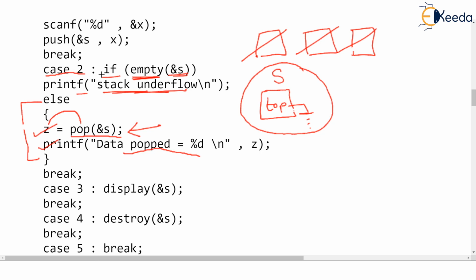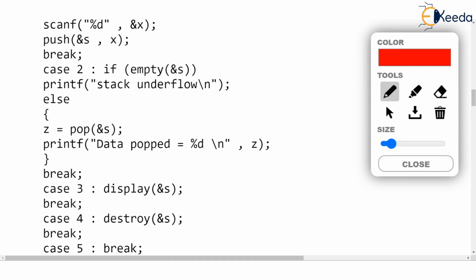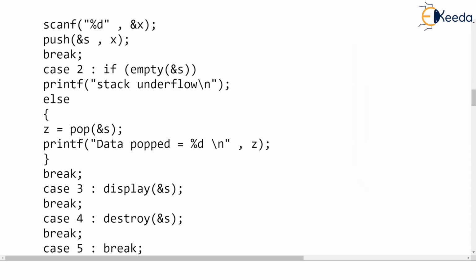So although this video is about pop operation, there comes a companion in this video. The companion is empty function, because this empty is a function which will check whether the stack is empty or not. I repeat, this empty is a function that we have defined below. This empty function will check whether the given stack S is empty or not.